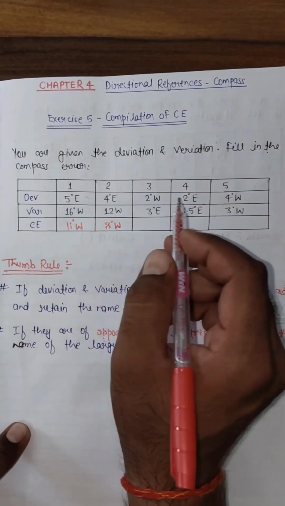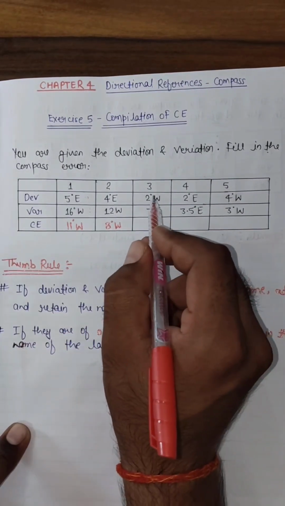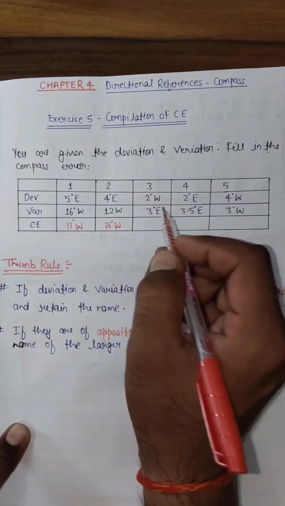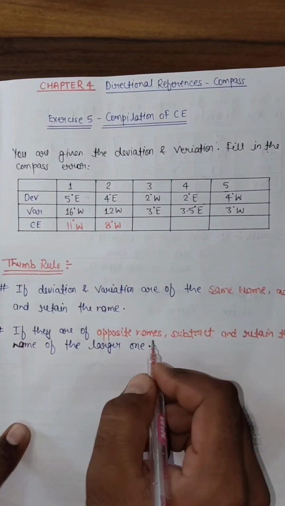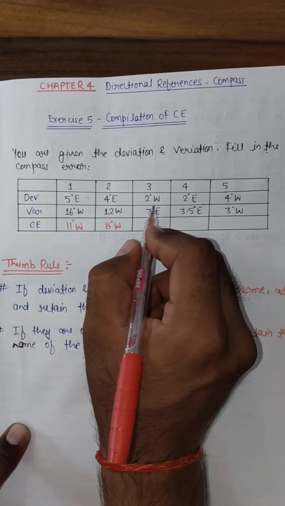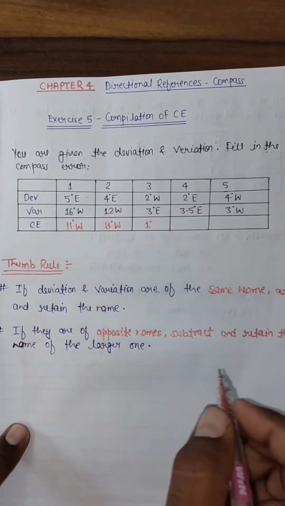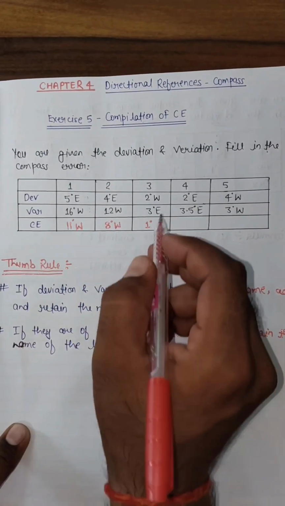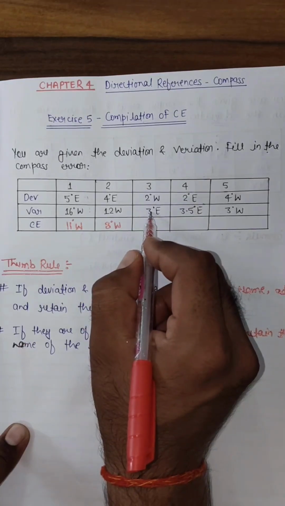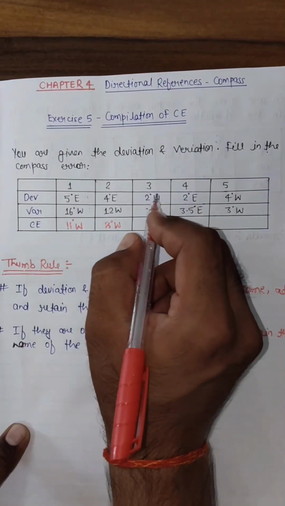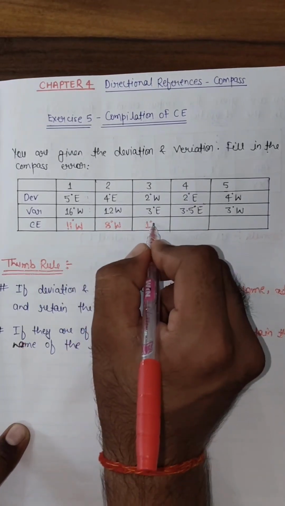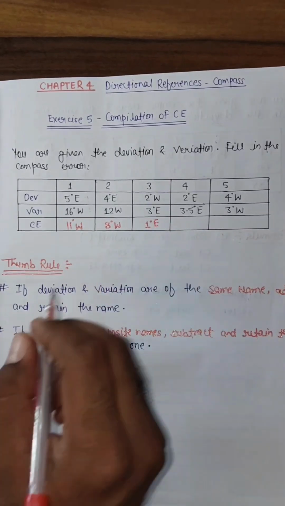In the third question, deviation and variation both have different directions, so we will subtract, and when we subtract it, that is 1 degree, and retain the name of the larger one. Here the value of variation is larger as compared to deviation, so we will take the direction of variation, that is 1 degree east.